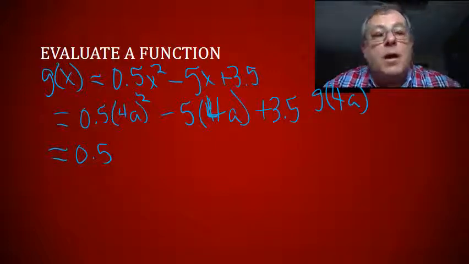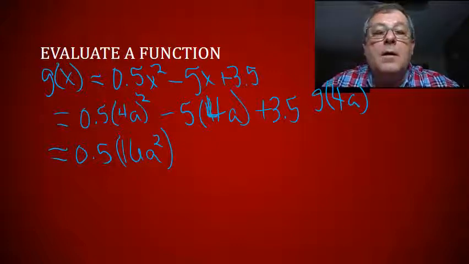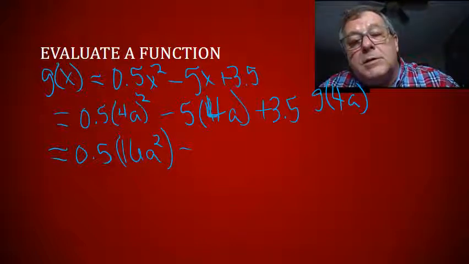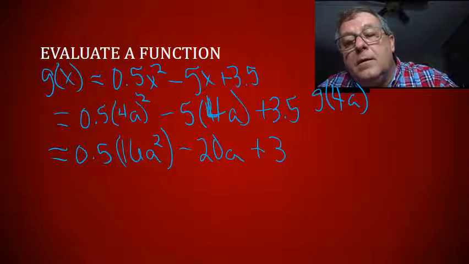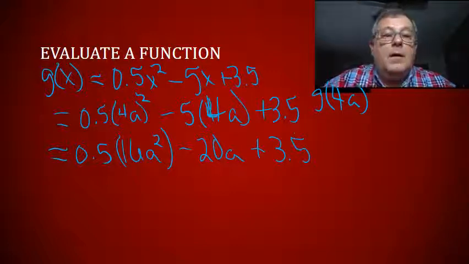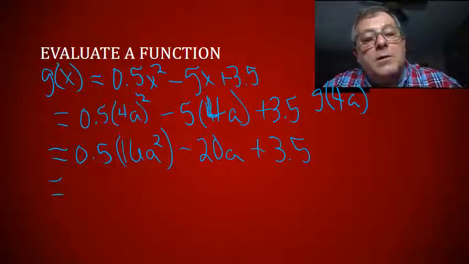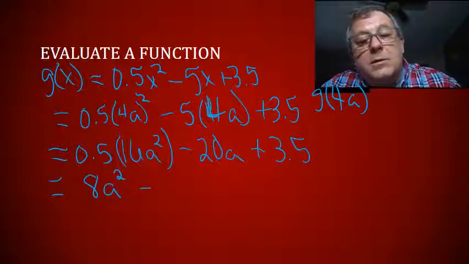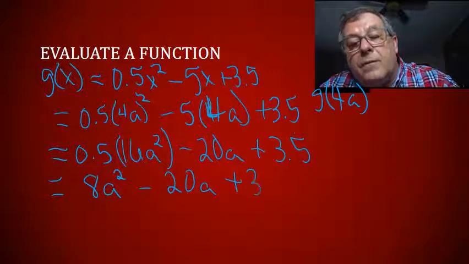Now 4a squared is going to be 16a squared. I've got to square both terms in there. And negative 5 times 4a is going to be minus 20a plus 3.5. And let's see, 0.5 times 16a squared is going to leave me with 8a squared minus 20a plus 3.5.